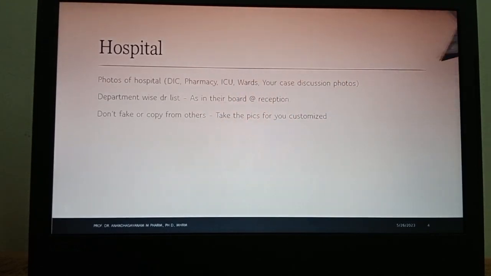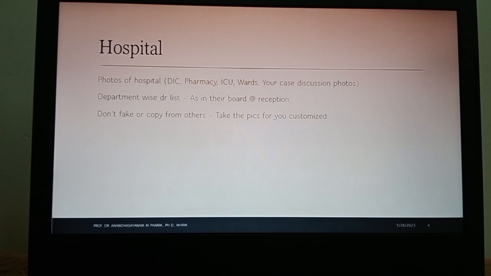Now, when we talk of the hospital, take photos of the hospital, the drug information center in which you are present, the pharmacy where you are going to dispense, the ICU, the wards, and any case discussion photos that you have presented in the past. Have some snaps ready so that you can add some spice to your presentation.